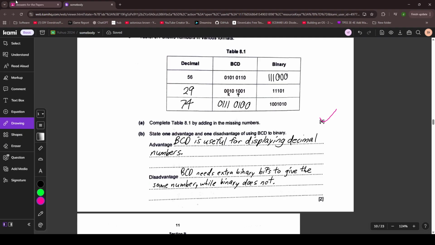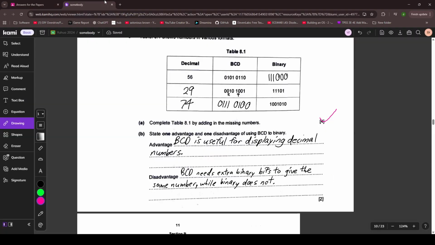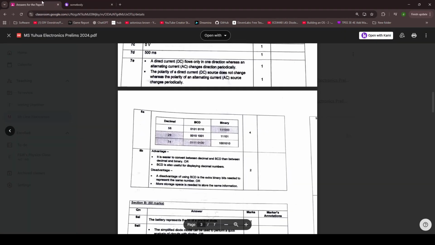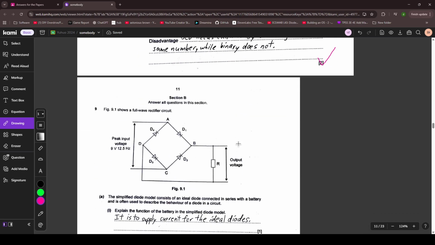I think you're right on both. What I recommend is, instead of saying binary bits, just say bits. Okay, I guess I'm wrong then. Please go on to say binary bits. Okay, good.